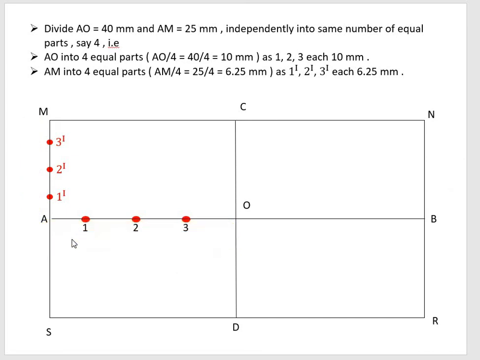Finally, I get the points 1, 2, 3 on AO, and 1 dash, 2 dash, and 3 dash on AM. In this way, I plot the points 1, 2, 3 and 1 dash, 2 dash, 3 dash. Let us come to the next step.